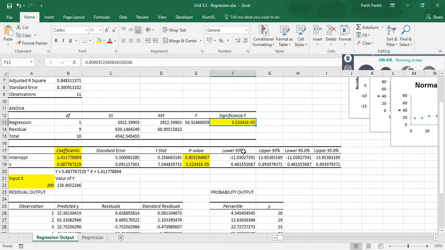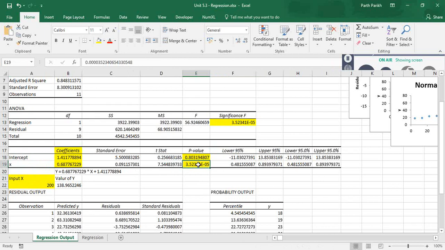Now you will see, in the simple linear regression, we have only one input, which is x over here. So that's why the p value and F value are one and the same. Whatever interpretation of F value stands the same for the independent variables in terms of p values.